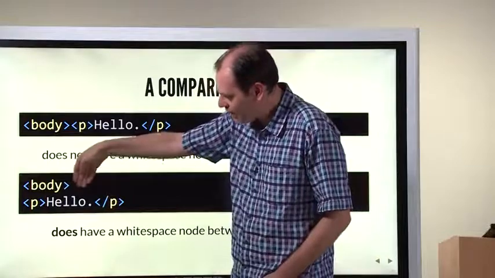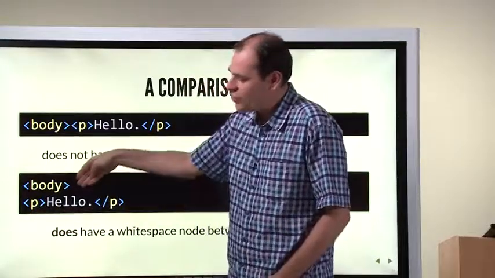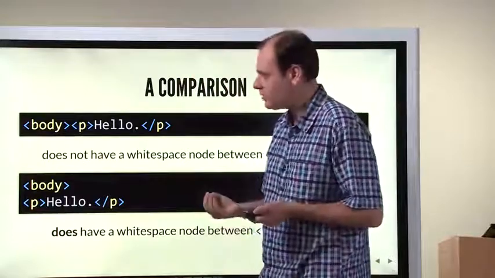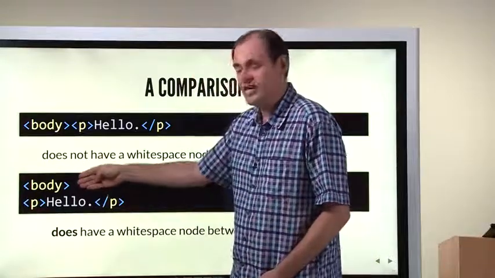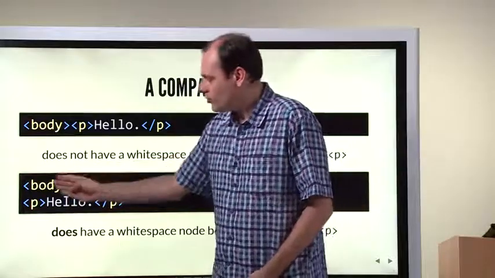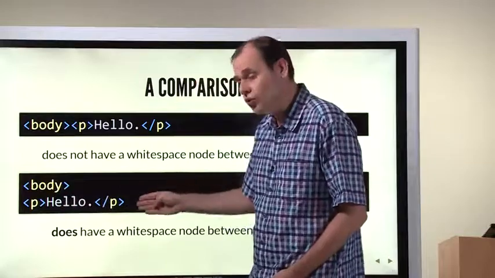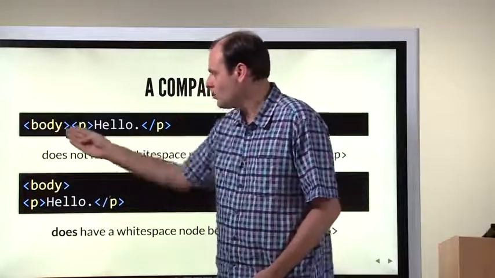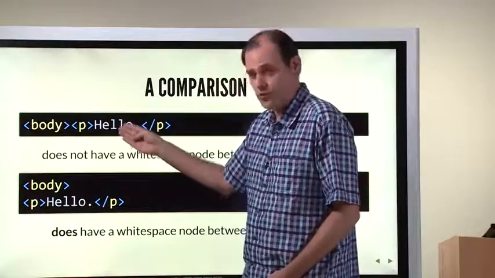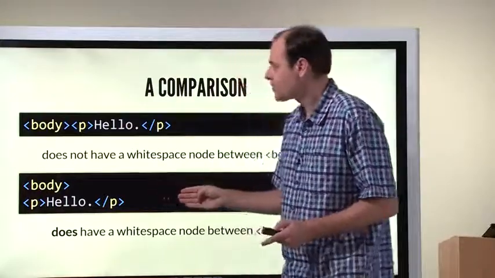It has a text node right here after the body, before the P. It has a text node which contains nothing visible, but it contains a message which says, go to the next line. All right, so that is 1, 2, 3, actually 4 nodes there. That is 4 nodes. This one is 1, 2, 3 nodes. All right, 3 nodes, 4 nodes, because of the white space.